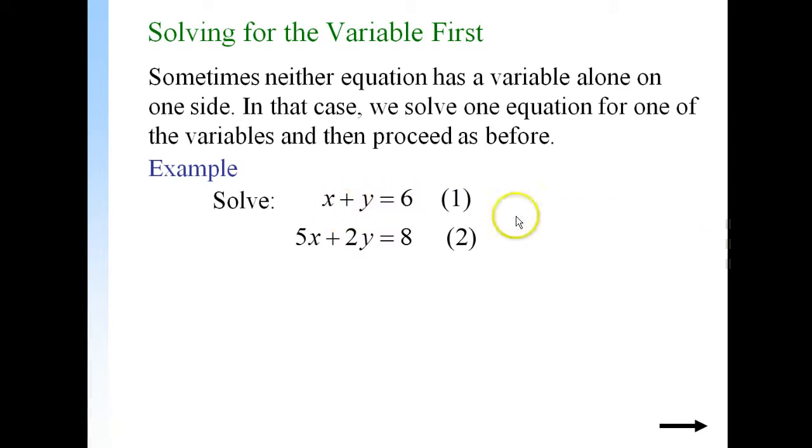So what do I do here? I have a choice. I can solve for either one. X equals, I'm going to transpose the y, a negative y plus 6. And now I'm going to take this value for x and put it here.